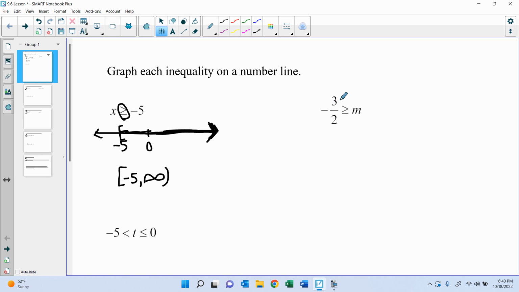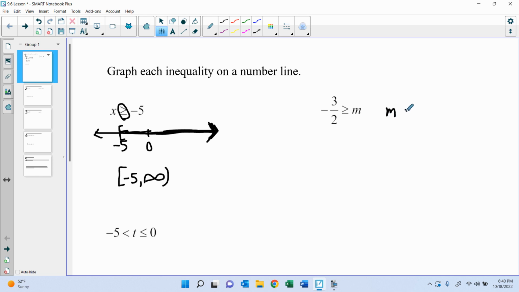Now, this one, the problem is this doesn't read very well because the M is on the right. So we're going to turn it around so that it reads correctly. This is something you should write in your notes. In order to turn this around, we have to change the direction of everything. So M will be on the left.